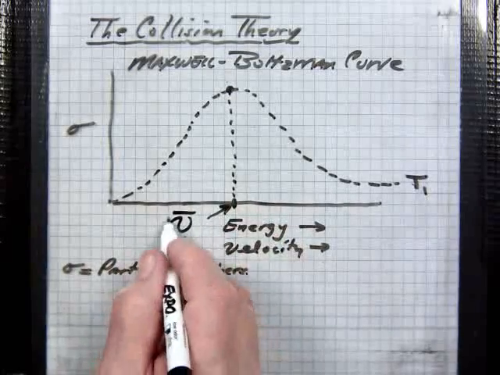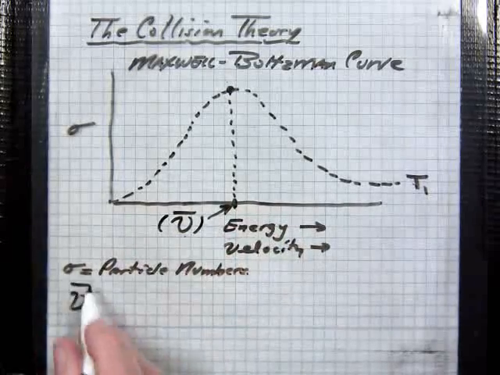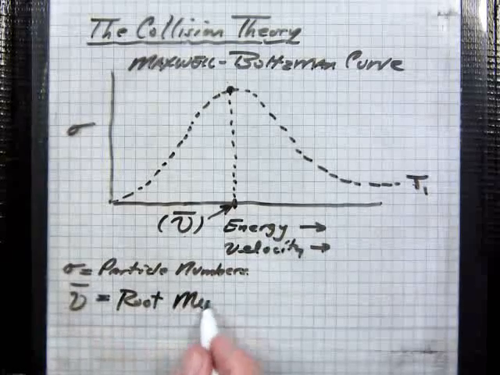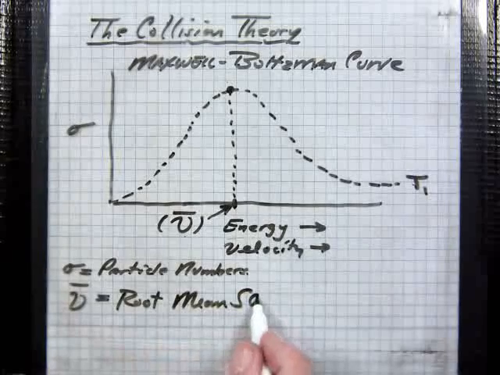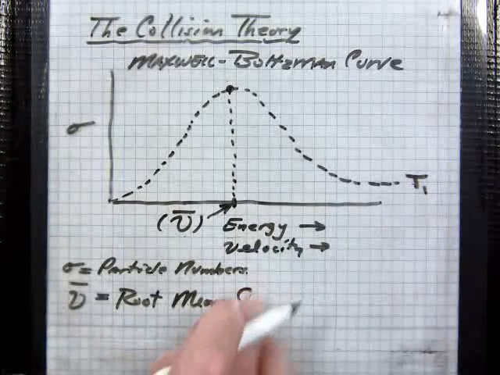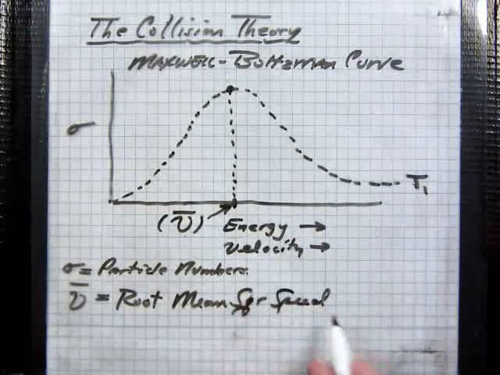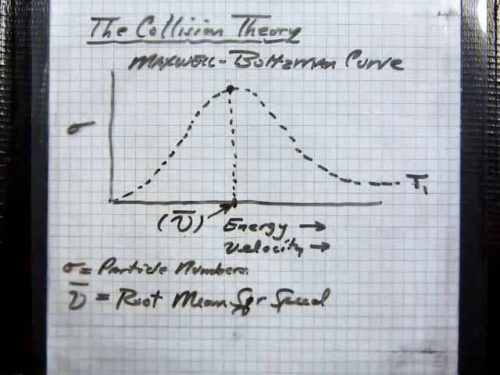V bar. Well, V bar is the root mean square, or the average speed of all the particles at this temperature.